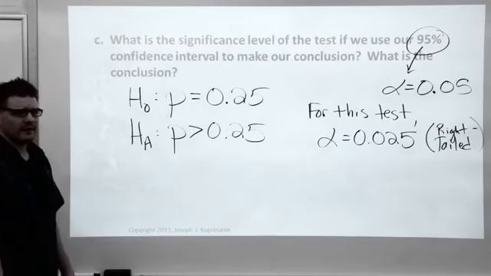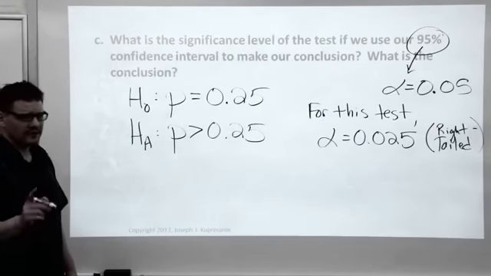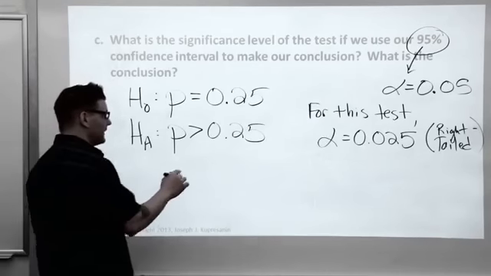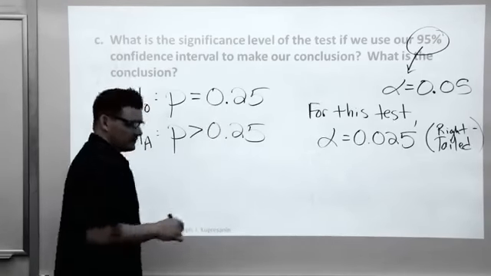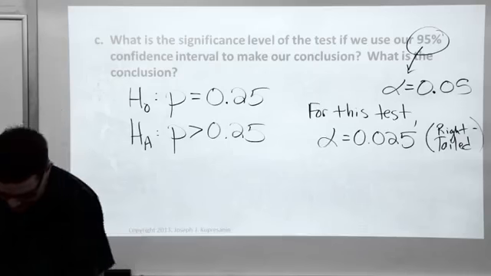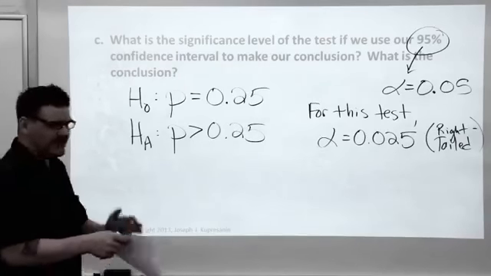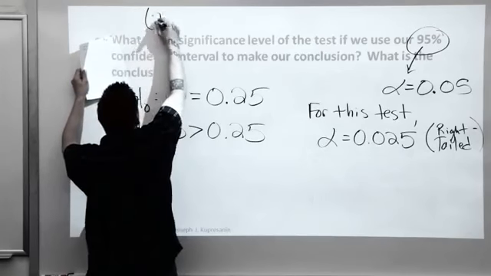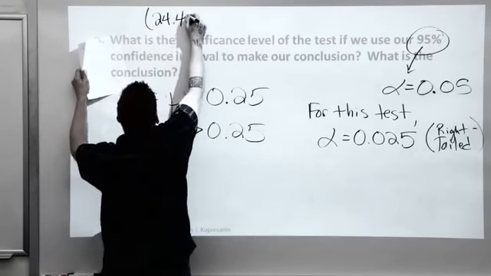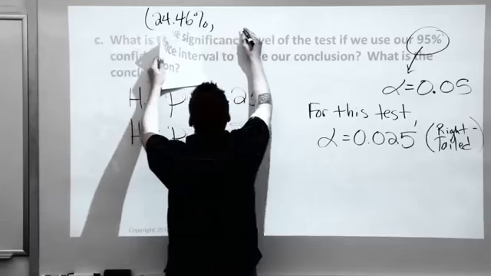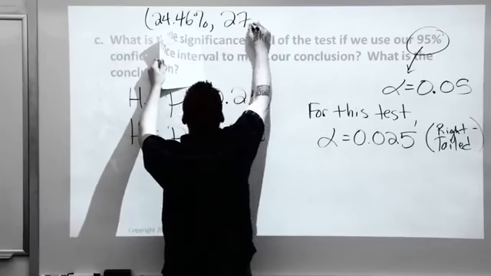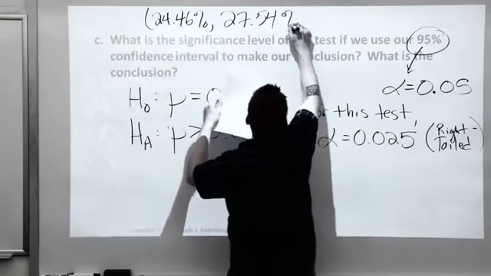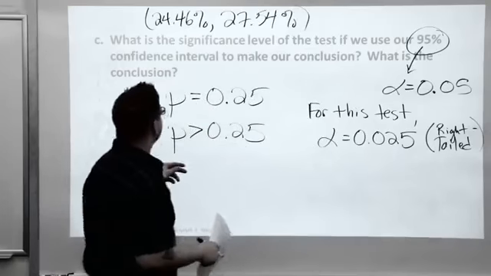And what are we going to do? We're going to fail to reject, right? The interval, which would be helpful if it was on the slide, but I can get it for us. We've already made the conclusion anyways, but up here at the top, this interval was what? 24.46% up to 27.54%.